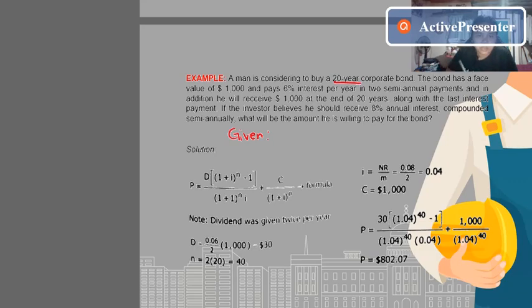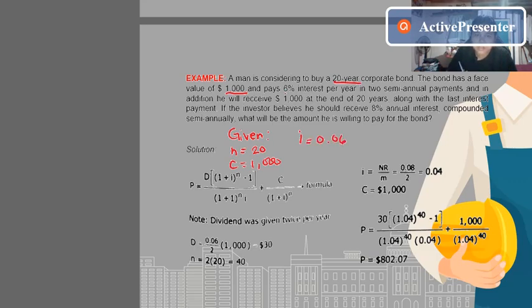So, our N is 20 years, and a value of 1,000, so our C will be 1,000, and it pays 6%, so 0.06.